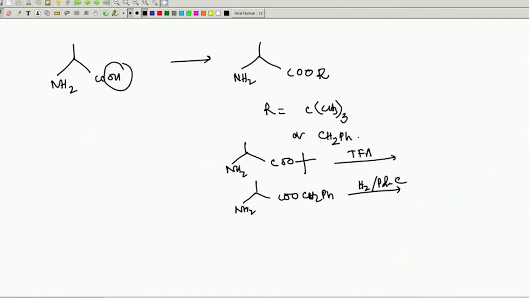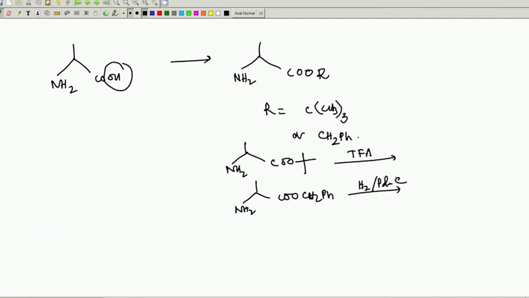You will see the utility of this orthogonality of protecting groups when you have peptides of higher chain length, that means a higher number of amino acids. Then you have to constantly switch back and forth between different protecting groups. Okay.